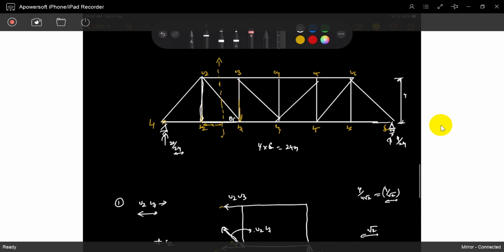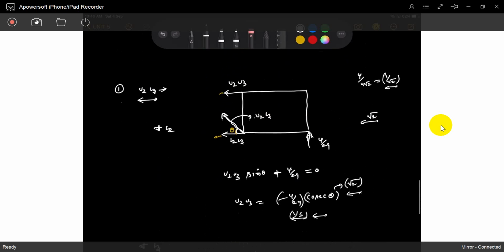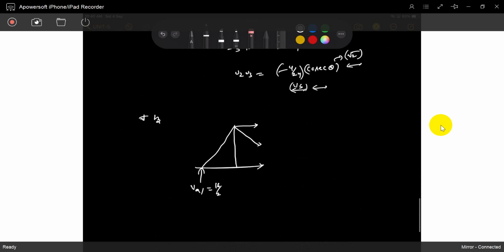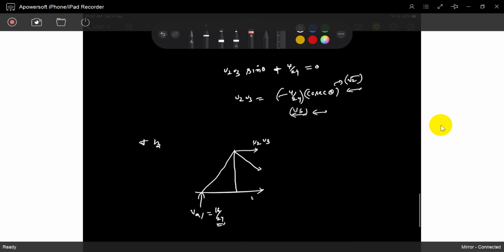What is the value at L3? It's a 16 by 24. That's it, it's a 16 by 24. So what is this value? This value is U2 U3. This value is L2 L3. This is U2 L3. So just balance the forces.